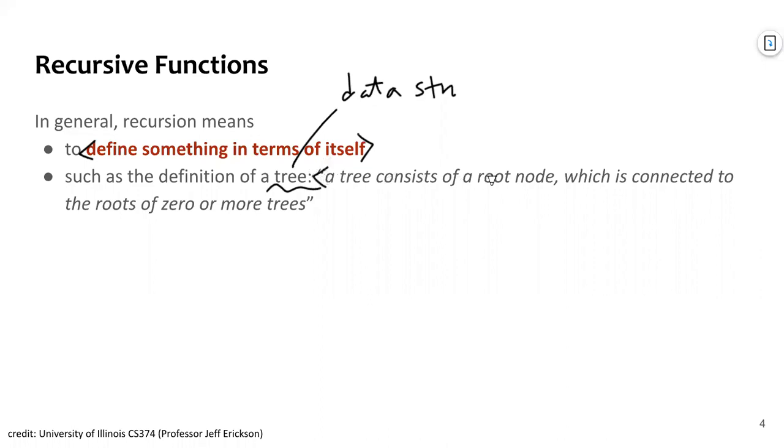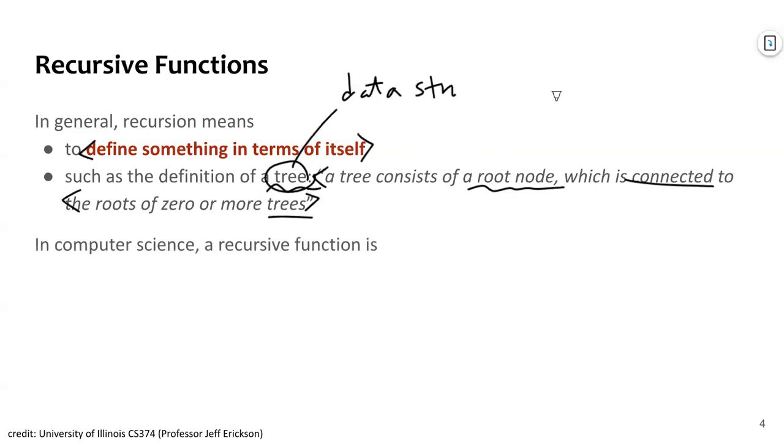A tree consists of a root node, which is connected to the roots of 0 or more trees. So when we define a tree, the definition of tree contains the term tree. So this is how we define something in a recursive way.